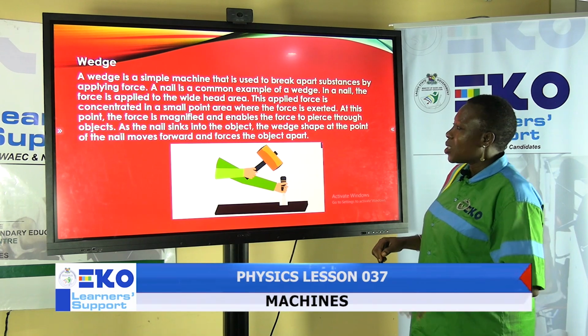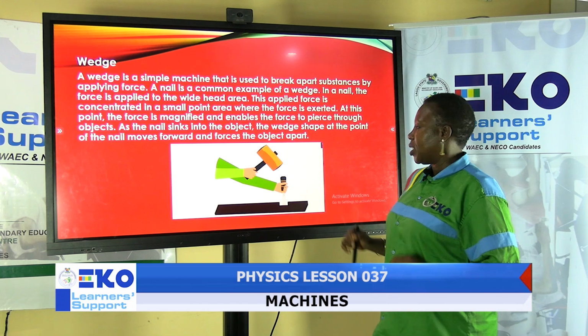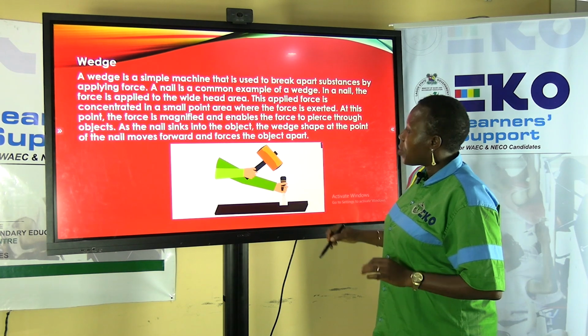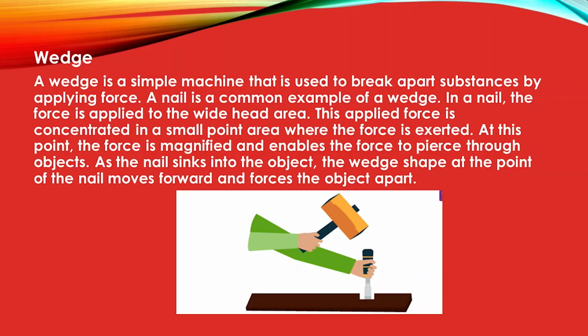At this point, the force is magnified and enables the nail to pierce through objects. As the nail sinks into the object, the wedge shape at the point of the nail moves forward and forces the object apart.